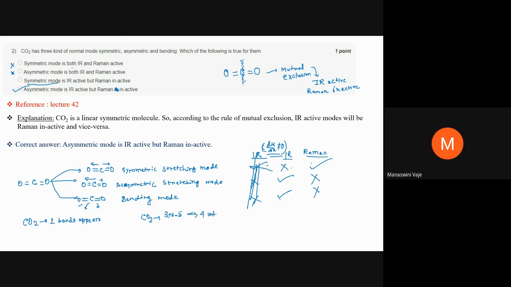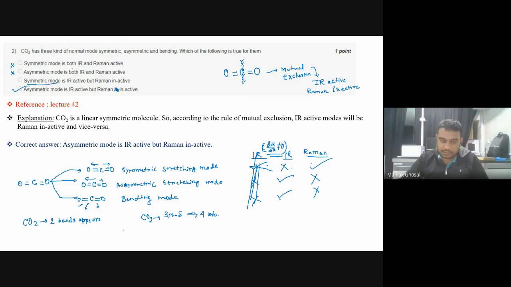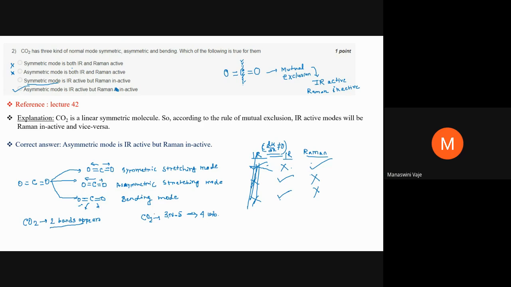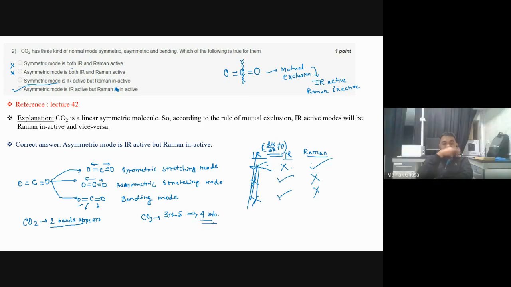But in CO2 IR spectra you are seeing only 2 bands. Why? For 4 different vibrations, you are expected to see 4 bands, right?